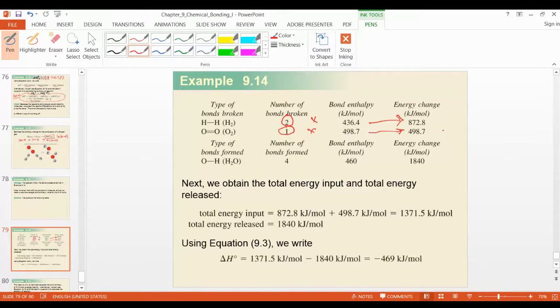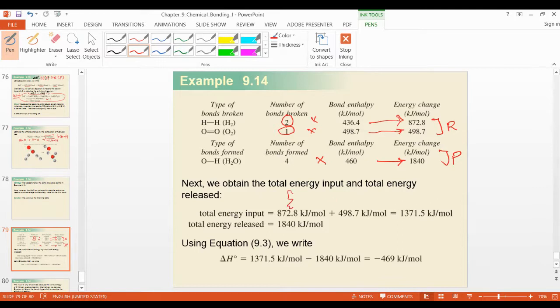All right. Now this is your reactant. This is your product. How many OH bonds or HO bonds? 4. This is 4 multiplied by this, you will get 1840. And now use the same formula. Summation means sum of these two.